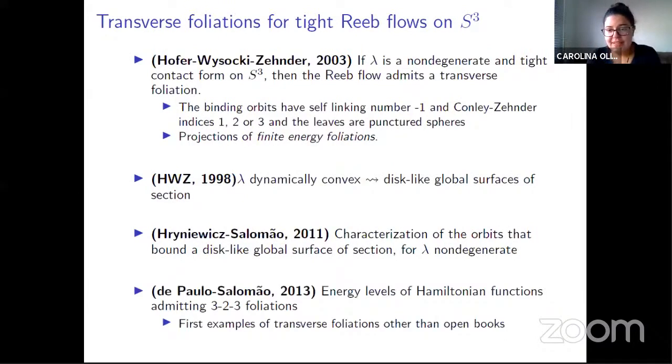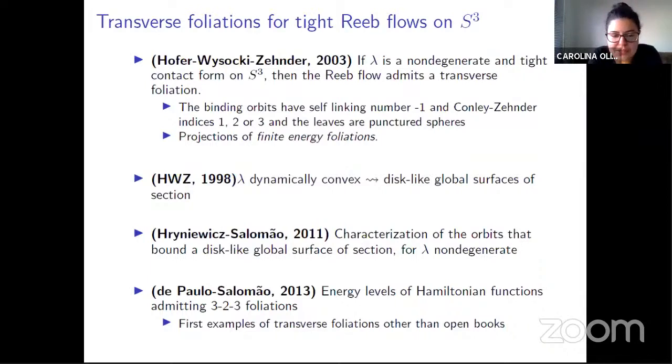We don't know which Reeb flows admit which kind of transverse foliation. The first result about the existence of a transverse foliation that is not an open book, that is not the simplest possible, was a theorem by Nayara de Paulo and Pedro Salomão. They proved the existence of a foliation called a 3-2-3 foliation.